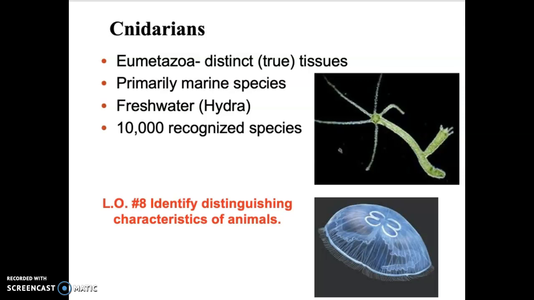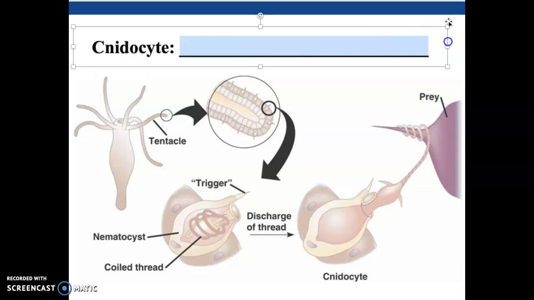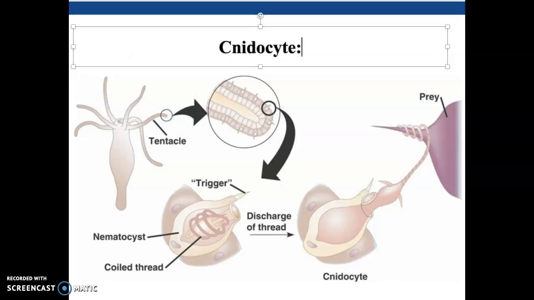When we're looking at all of the Cnidarians, the big defining feature is the structure known as a cnidocyte. Across the Cnidarians, the cnidocyte is going to be present. Make sure I spell that right. This is a stinging cell.